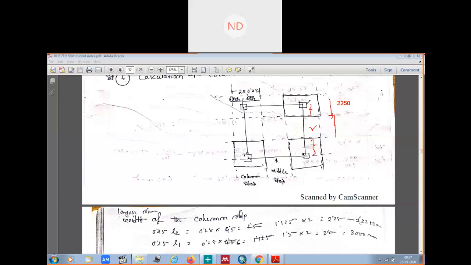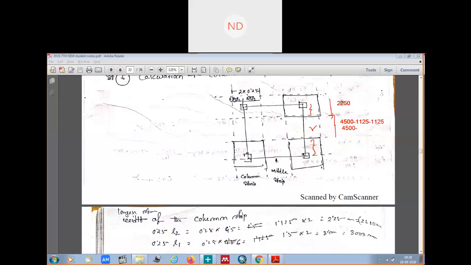So from 4500, if we subtract here, this one will be how much? 4500 minus 1125 minus 1125, right? Because from here to here it is 1125, and from here to here it is 1125, half of this 2250.